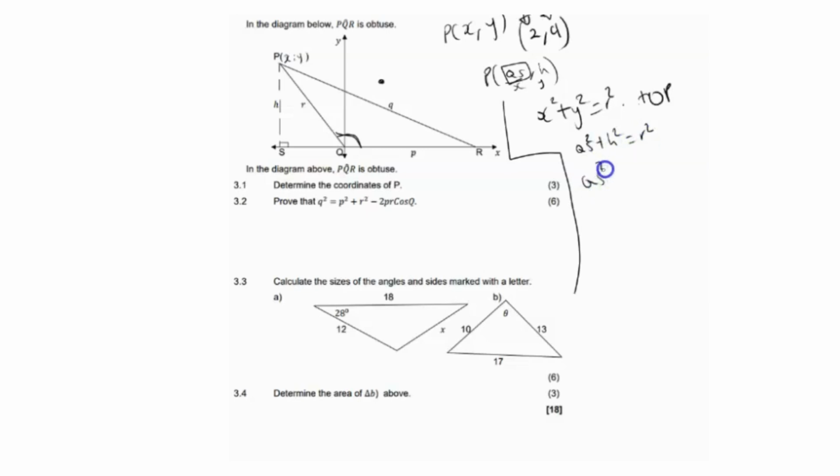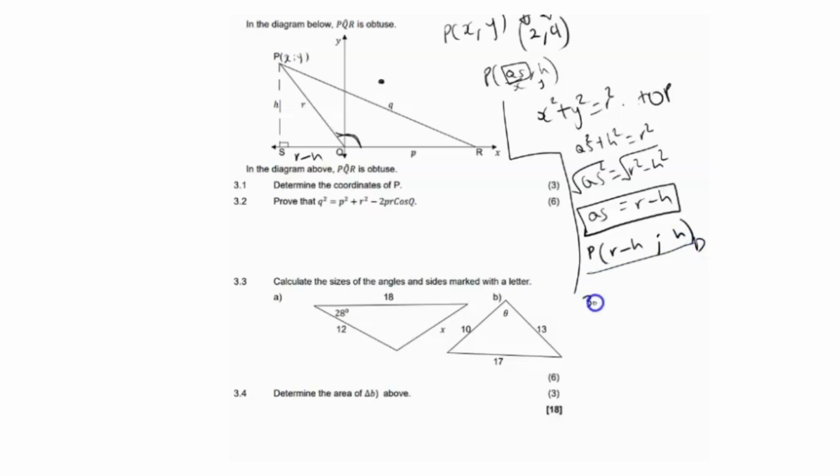So QS squared is equal to R squared minus H squared, and we take the square root here, and we will be left with QS, which is the final value of this adjacent side. So this is the square root of R squared minus H squared. So whenever we're writing out the coordinates, we must write them in this manner. It's the square root of R squared minus H squared for the x value and H for the y. So this is how we were supposed to do it.